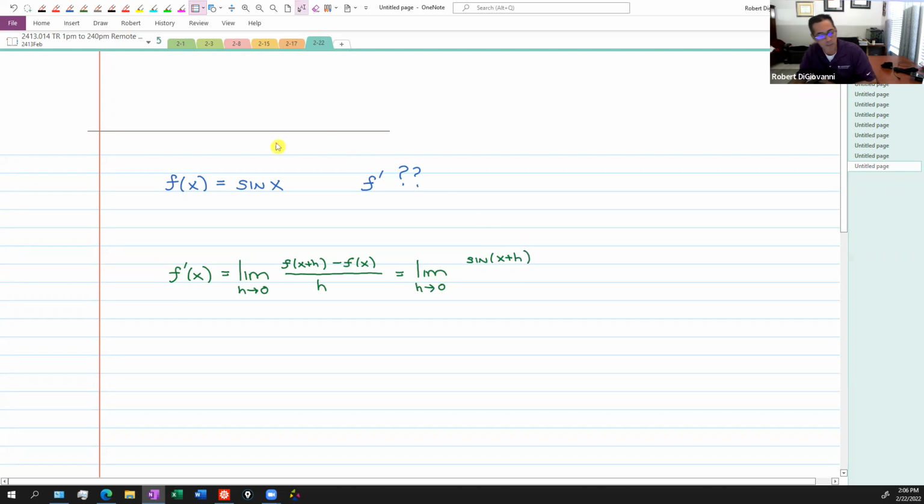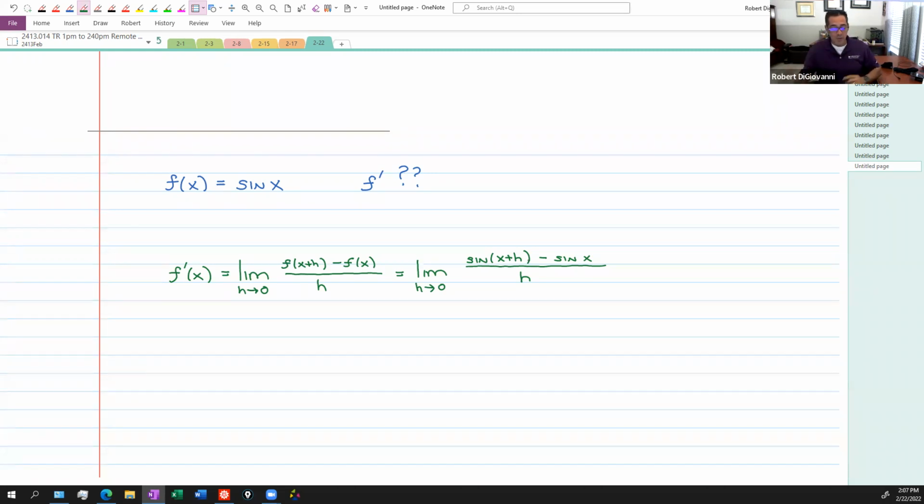That's what happens when I replace x with x plus h. I subtract from that sine x, that's the original function, and I divide this by h. If we let h go to 0 right now, we will get 0 over 0. It'll be bad.